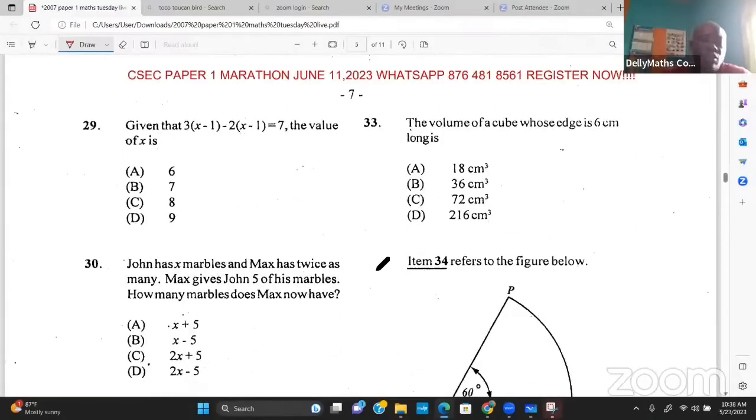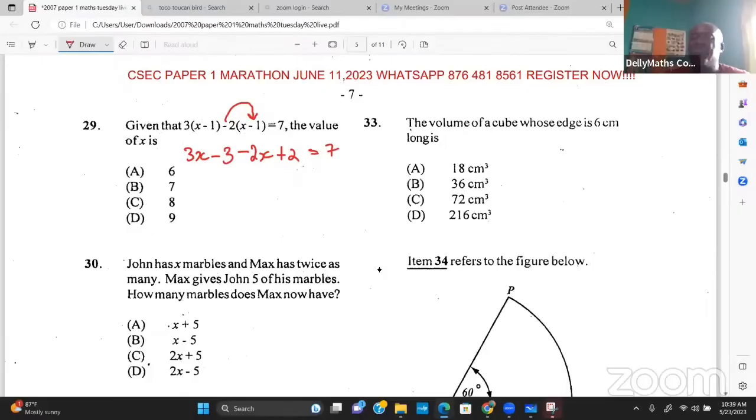All right, we're going to 29. All right, 29 says, given that 3, an open bracket, what do we have? x minus 1, and then -2, x minus 1 equal to 7. We want to solve. All right, so we're just going to have to clear this up. So let's distribute 3x minus 3, then minus 2x plus 2. This is where the issue is. -2 times -1. That's a +2, and this is equal to 7.